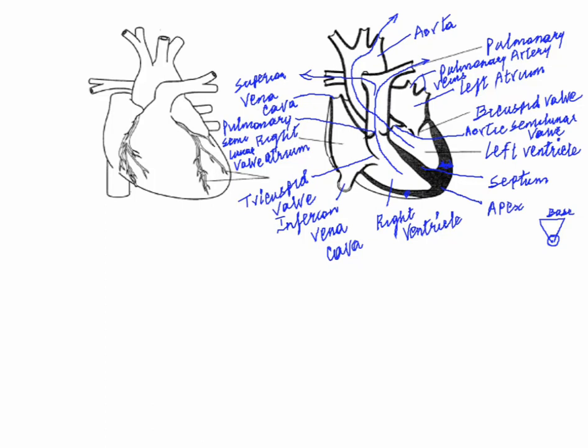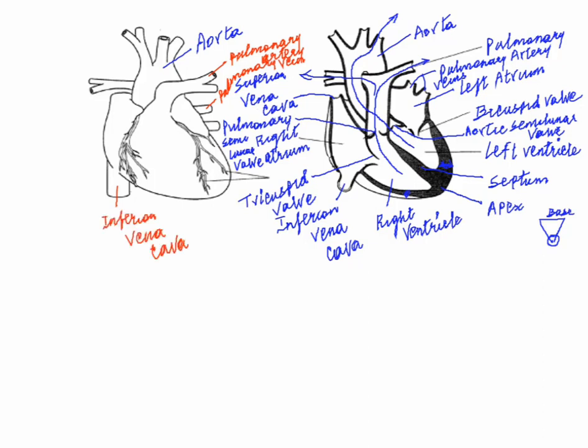Now, let's see what structures we can identify from this one. This is obviously the aorta. I'll label these in red. This is the pulmonary artery. Then this is the pulmonary vein. This is the pulmonary vein. Then this is the inferior vena cava.